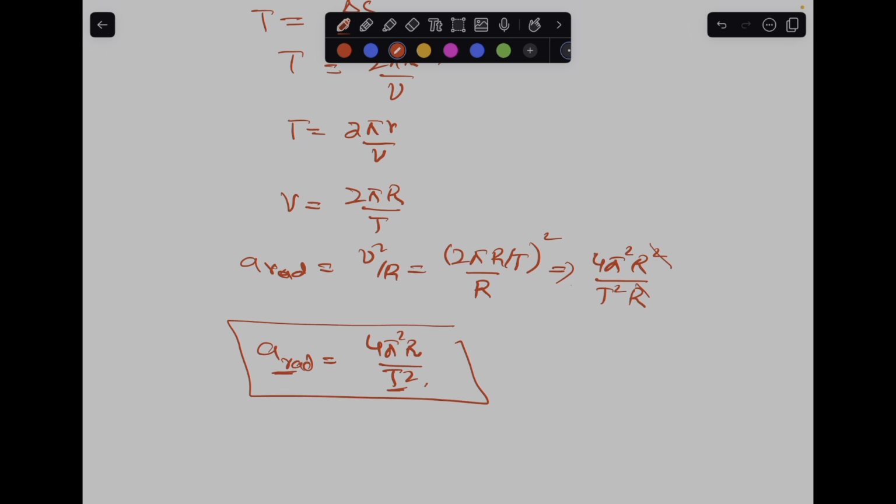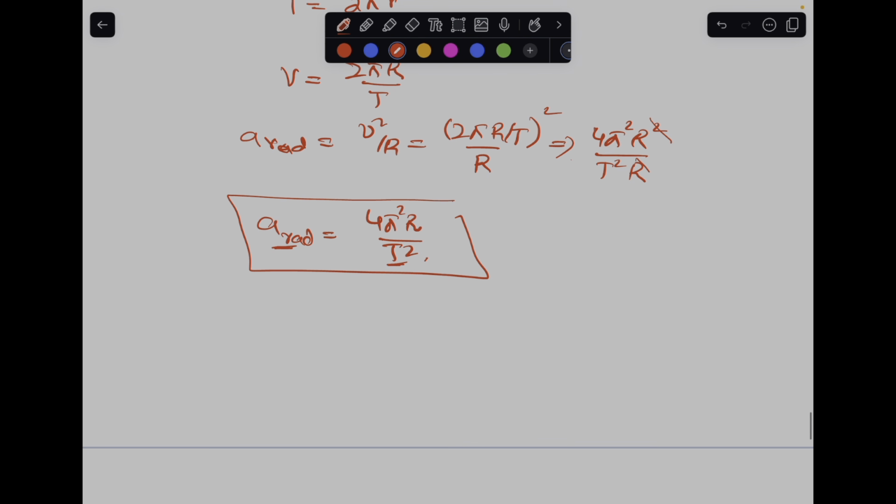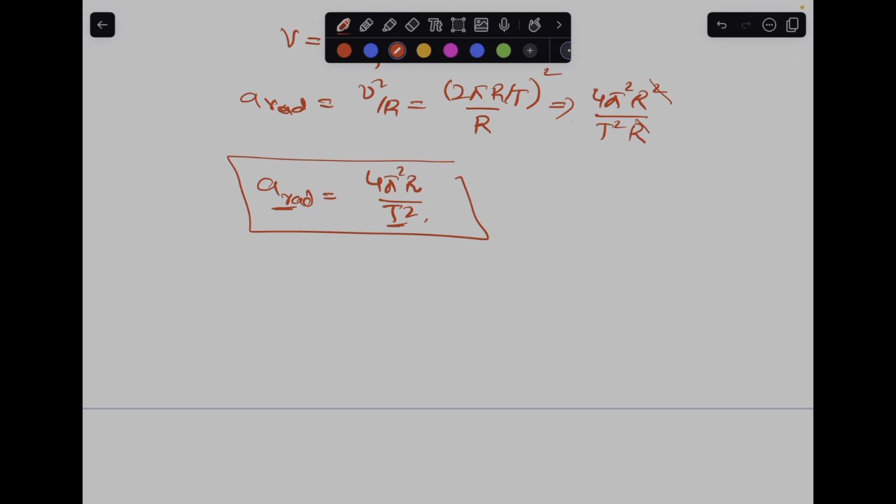If the object is not moving with uniform speed, like what we have in a roller coaster, we are always speeding up and slowing down, so the speed is not uniform.